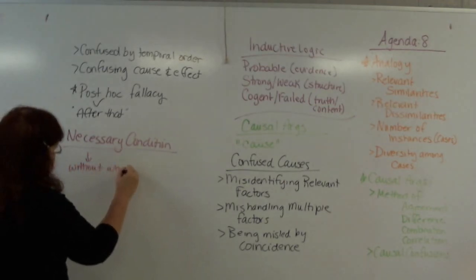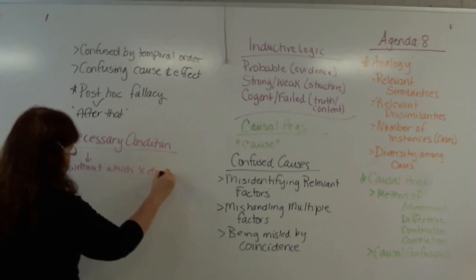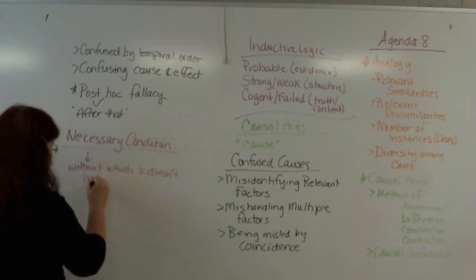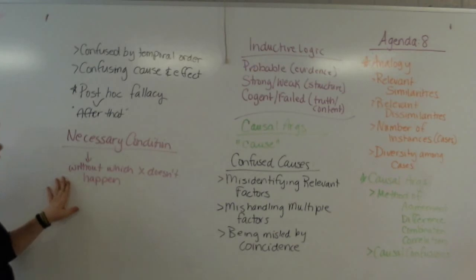Without which X doesn't happen. As a necessary condition, in order for fuel to combust, for your car to go, I have to have the fuel itself, I have to have oxygen, and I have to have a certain temperature, okay? Any one of those three things not there, nothing's going to burn, nothing's going to blow up, okay?